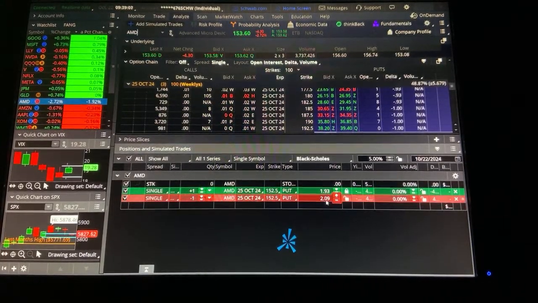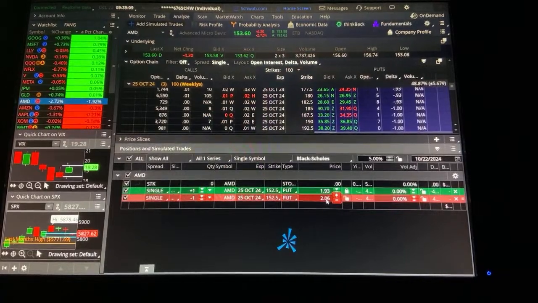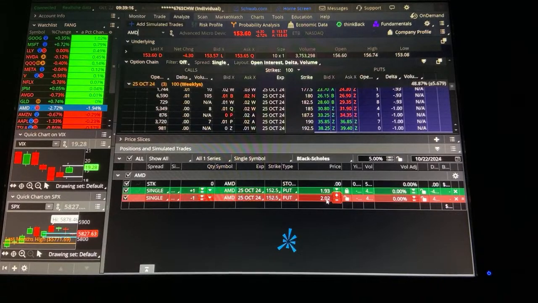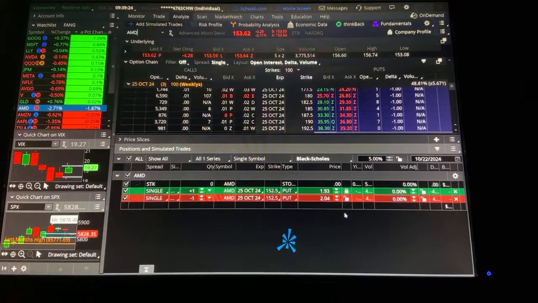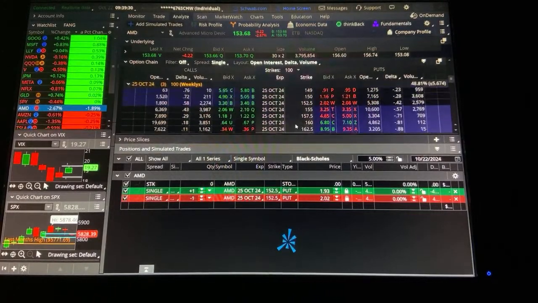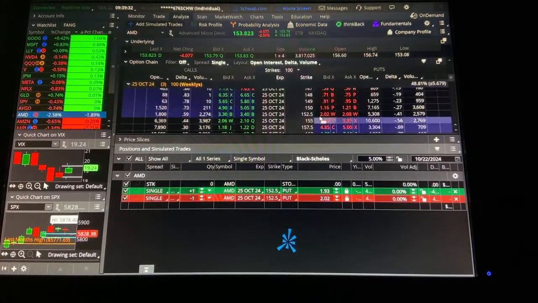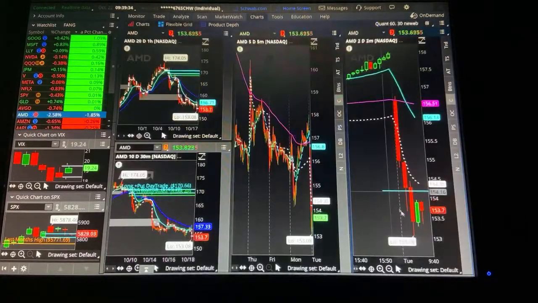Let me scale out of some AMD here. Let me see. I just had them at 209s. I got 202. You can see NVIDIA trying to put in some bids here right now, hold bids. So this could affect this trade just a little bit here.